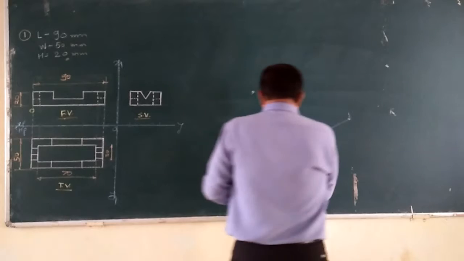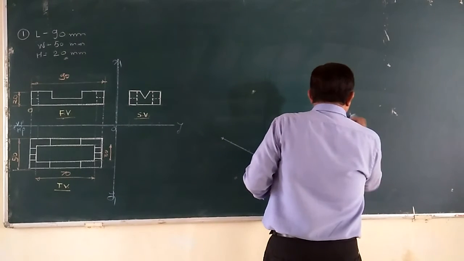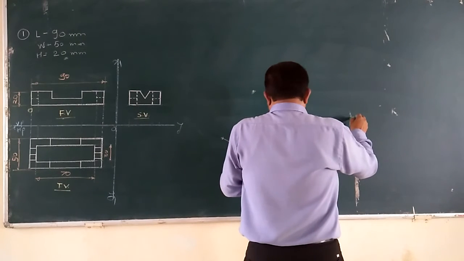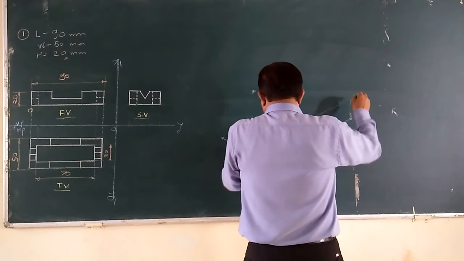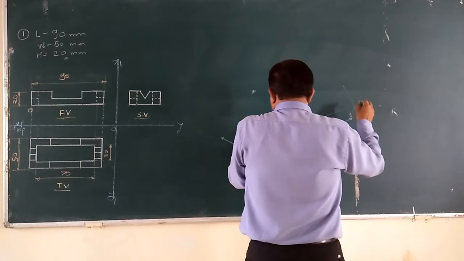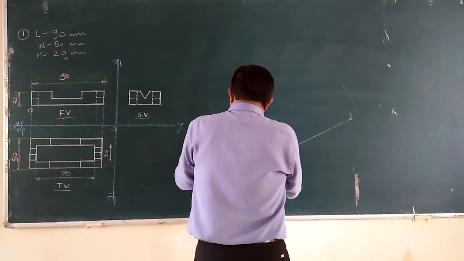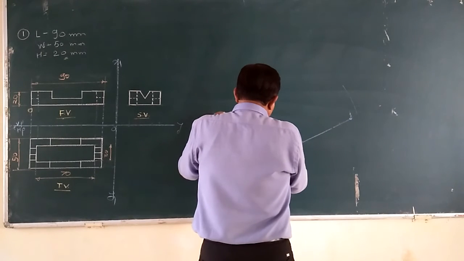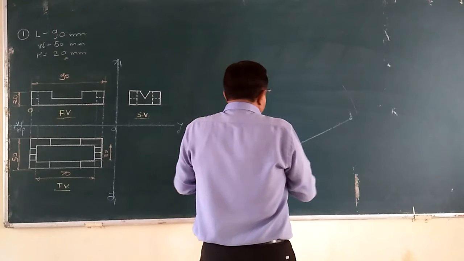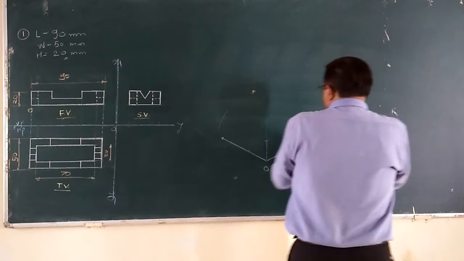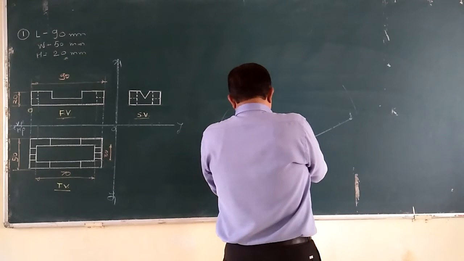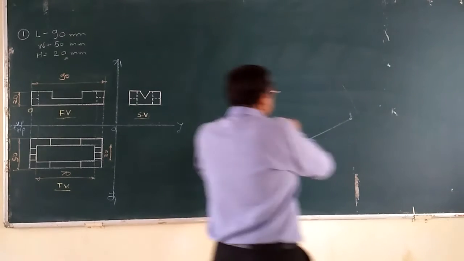First of all, I will construct the vertical lines. I do not have a roll and draw here, so geometrically I will finish it. Precisely, you use a scale and other instruments, the roll and draw, and get the box.